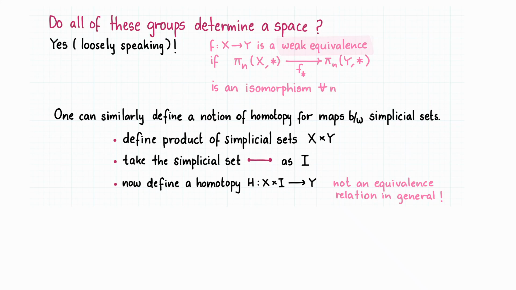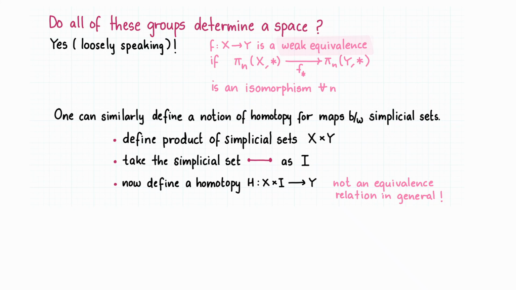Then you can take the simplicial set whose geometric realization is the interval as your I, and you can now define a homotopy for maps between simplicial sets. It tells you how a map between simplicial sets deforms into another map between simplicial sets.